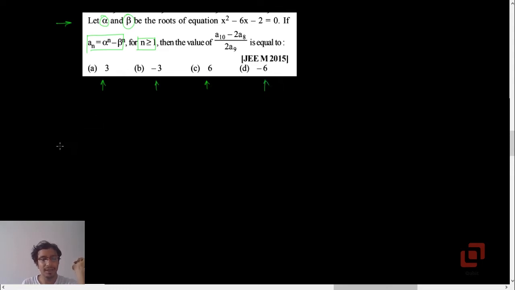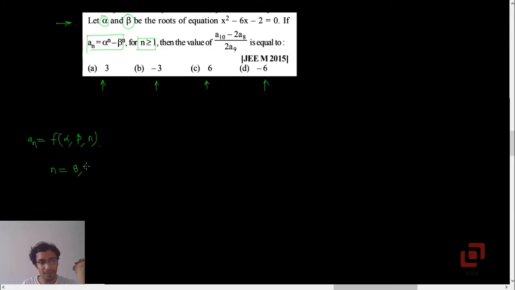Now you notice that the function that we have here, an, actually depends on three things: alpha, beta and n. There are three different values of n which are given in the problem.